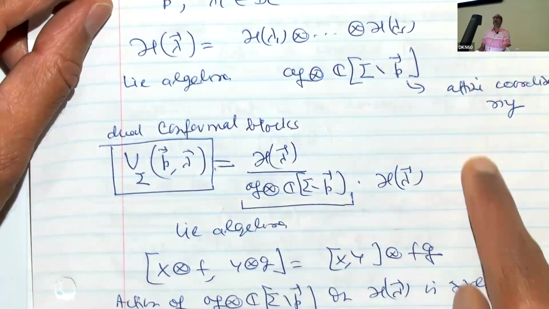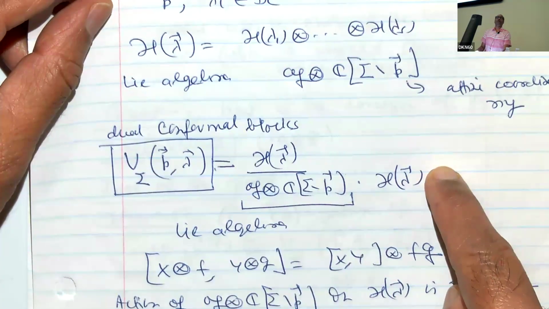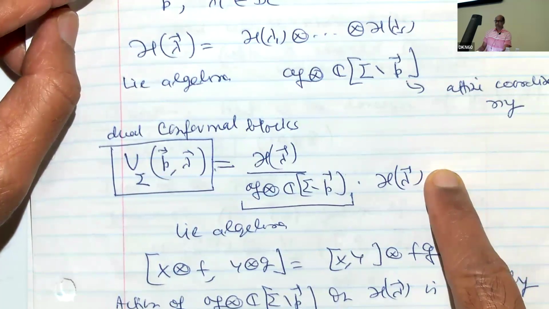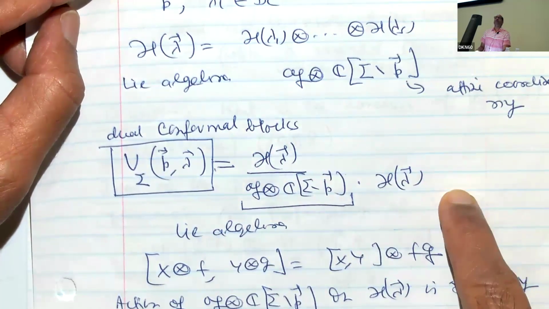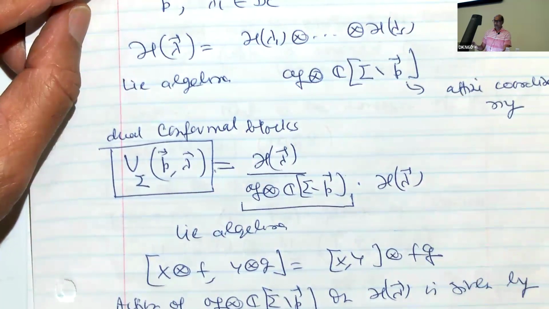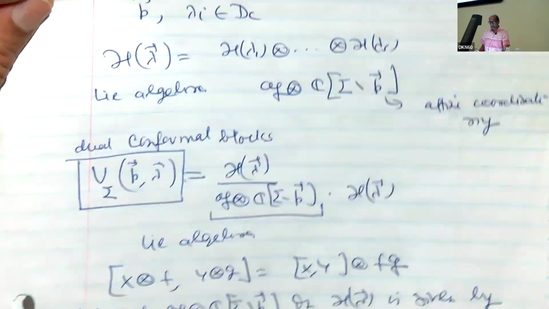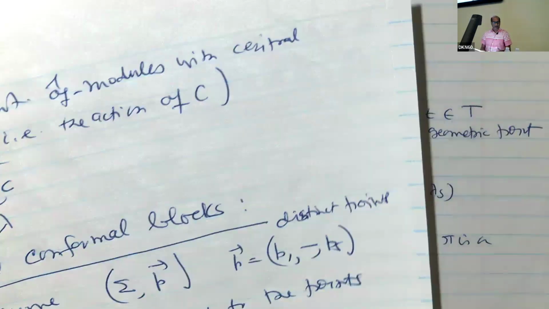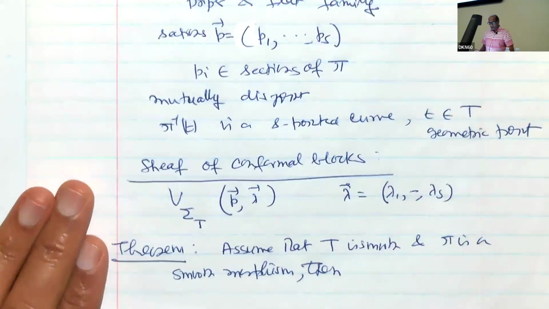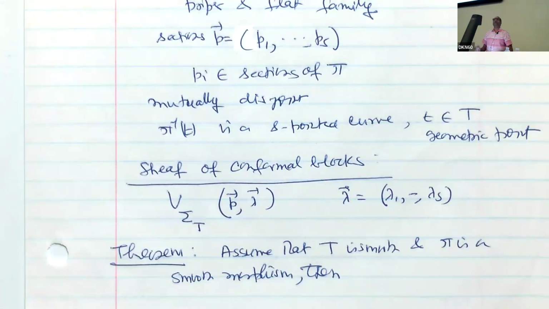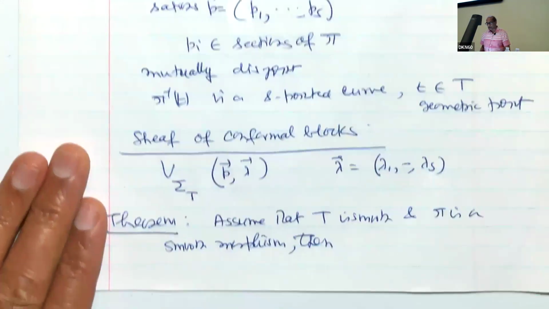So this becomes a sheaf over the parameter space T. This becomes a sheaf of OT modules, OT being the sheaf of functions on T. I will not give all the technical details. So now this becomes a sheaf over T, the parameter space T. The next important theorem is that let's assume that T is smooth.